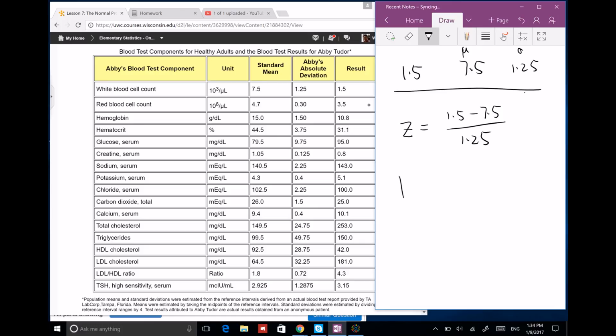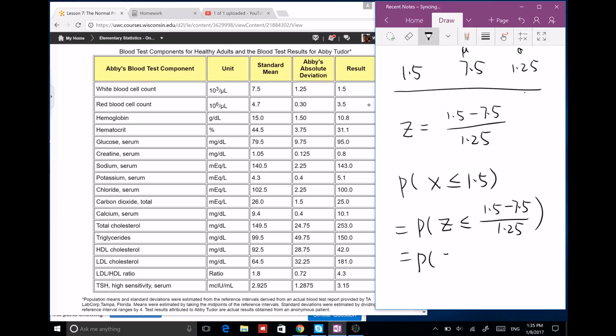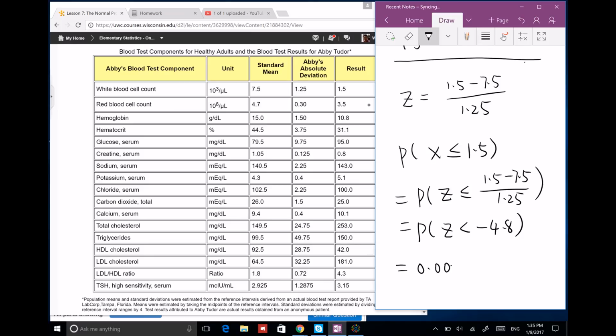So the probability that X is less than or equal to 1.5 is the probability that z is less than or equal to (1.5 minus 7.5) over 1.25, so P(z less than negative 6 divided by 1.25), which equals negative 4.8. It's almost 0.00, a lot of zeros.